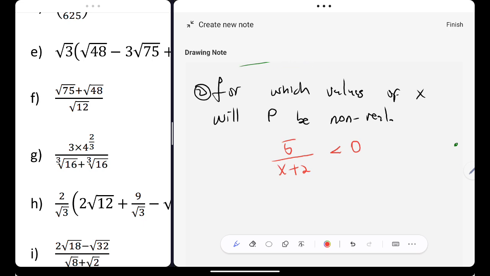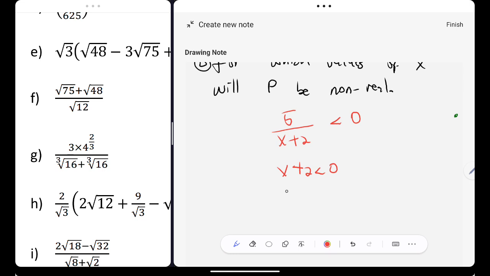Are you together? But apply sense into this thing. If you divide two terms and you get a negative answer, it simply means those two terms had different signs. One was positive and the other was negative. I know for a fact that 5 is positive because 5 is a positive number. It simply means that my denominator is the one which is less than 0.